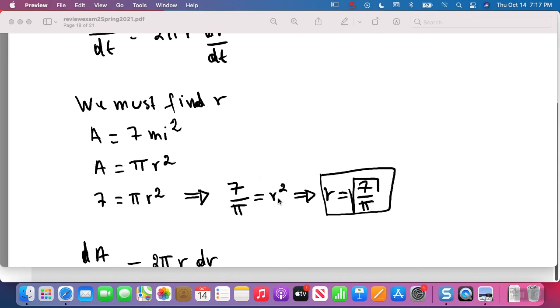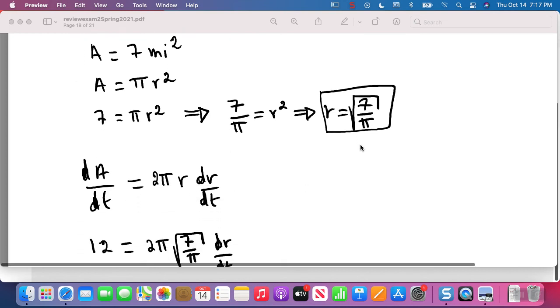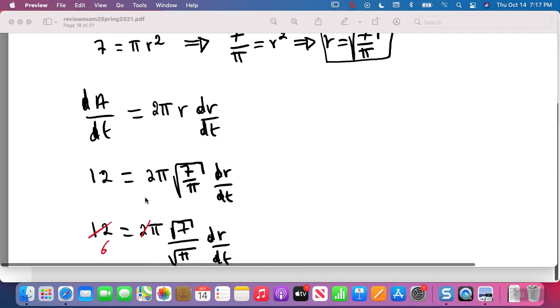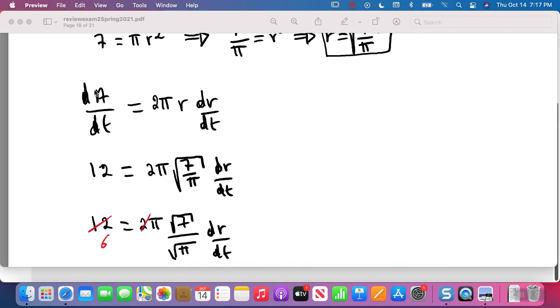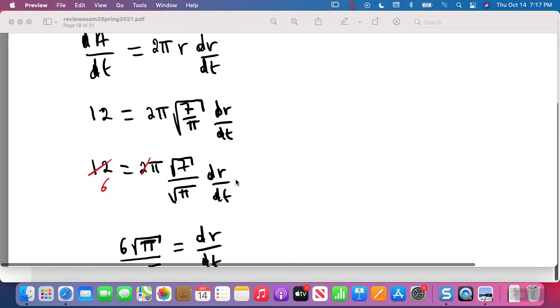Remember, r is a positive quantity, so we take the positive root. Now that we have r, we go back to the derivative equation and plug in the givens: dA/dt is 12, and r is the square root of 7 over pi. Then we solve for dr/dt.